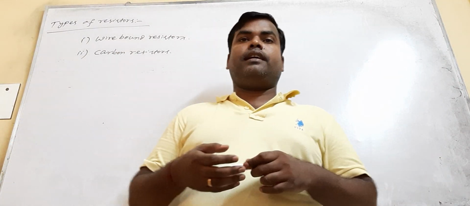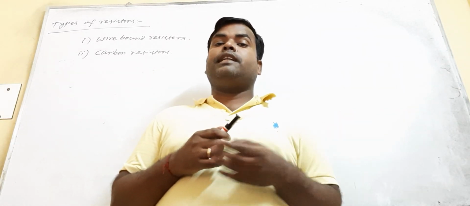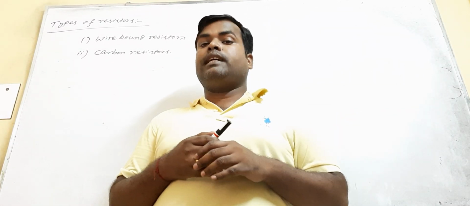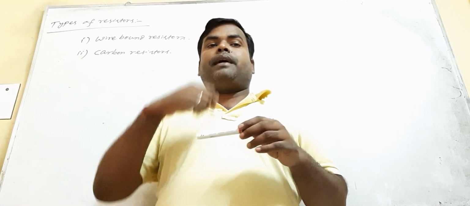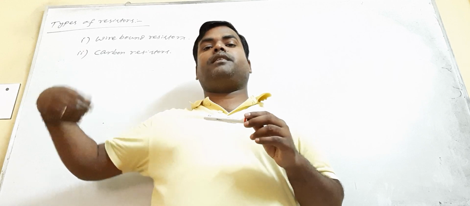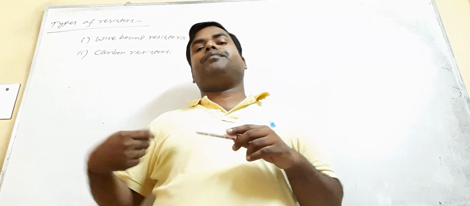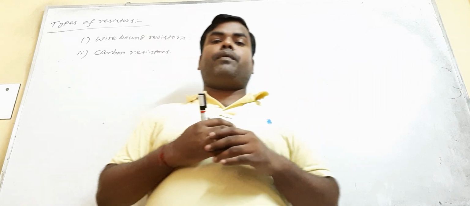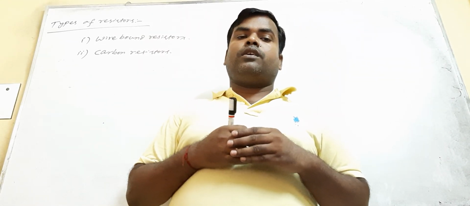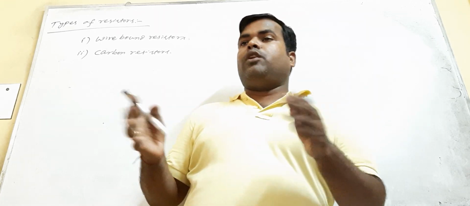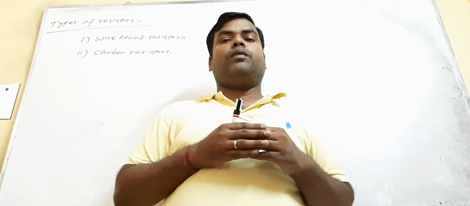One example of a wire bound resistor is the rheostat we use in the laboratory. It is obtained by winding wires of alloys on a cylindrical core, and it has a very small value, from a fraction of an ohm to a few hundred ohm.